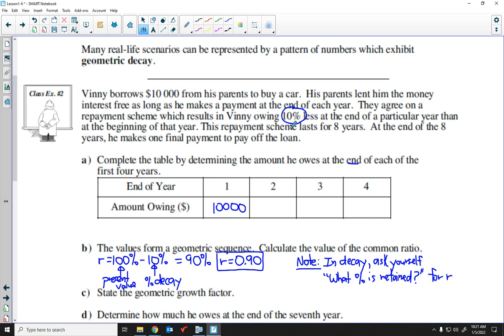Here, we would not write down R as 0.10. That's how much we're removing. The amount retained would be 100% subtract the amount that's removed, the 10%, so your R value would be 0.90.